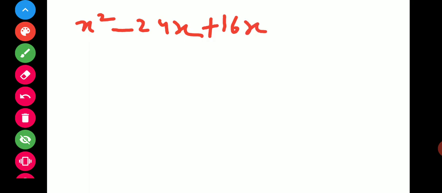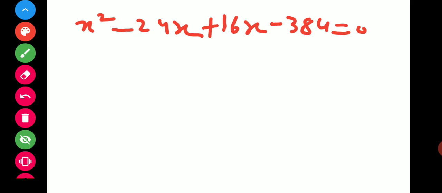The factor is x square minus 24 of x and plus 16 of x and minus 384 equal to 0.